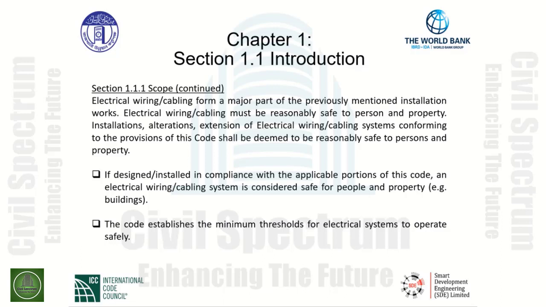Installations, alterations, and extensions of electrical wiring and cable systems conforming to the provisions of this code shall be deemed to be reasonably safe to persons and property. If designed and installed in compliance with the applicable portion of this code, an electrical wiring and cabling system is considered safe for people and property.